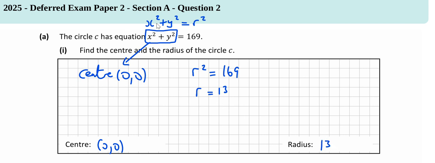Now someone discovered this because in your log tables, the formula for the equation of a circle is x minus h all squared plus y minus k all squared is equal to r squared.